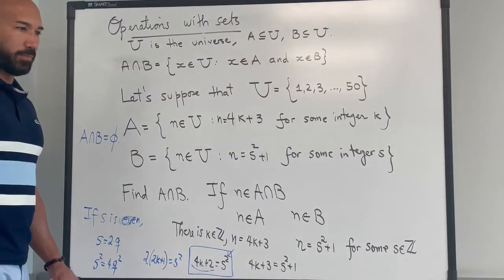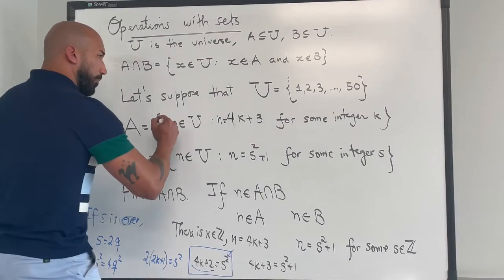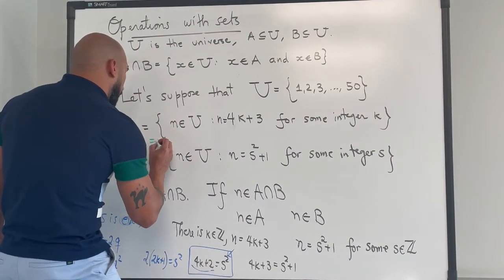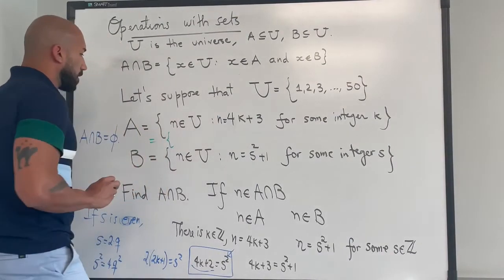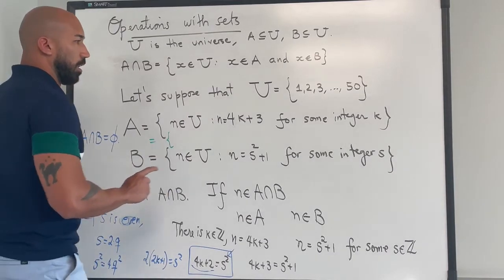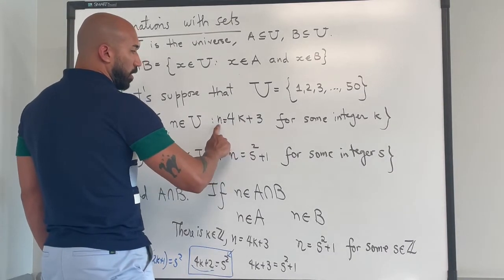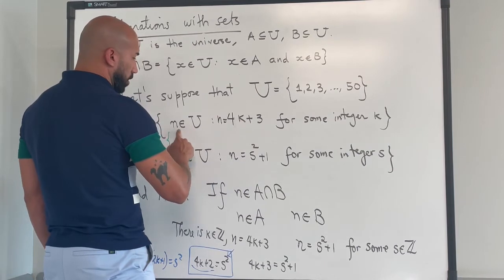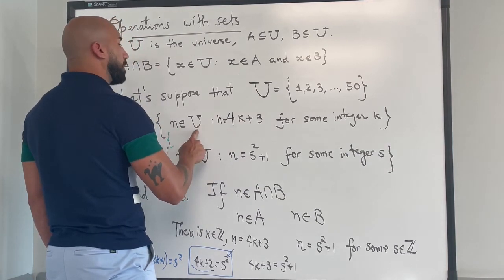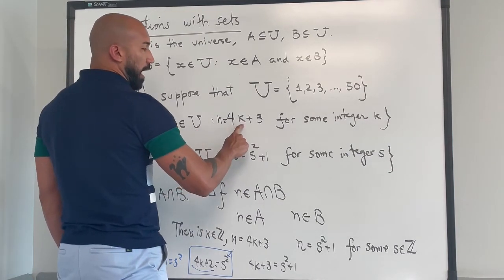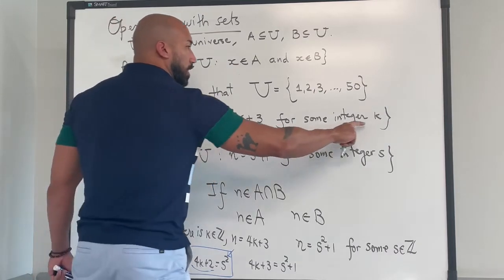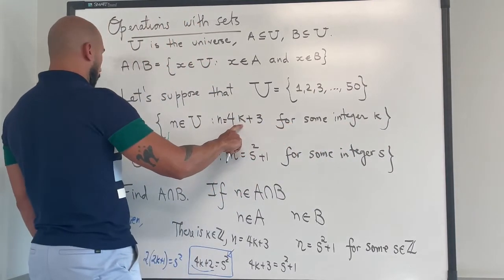Is that okay? Well, if we list all the elements in A, the only difference between elements in this set is the value of k that we are using. So since k is integer, again we can see the following.